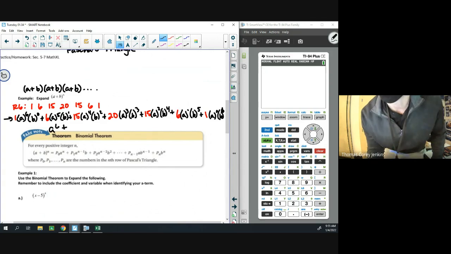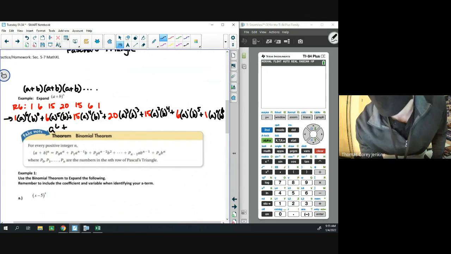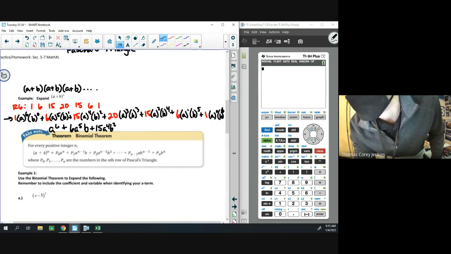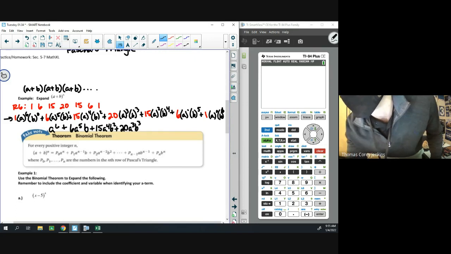Our next term is 6 A to the 5th times B to the 1st. So we would just write that as 6 A to the 5th times B. Our next term, 15 A to the 4, B to the 2. Then we have 20 A cubed, B cubed, and so on and so forth.